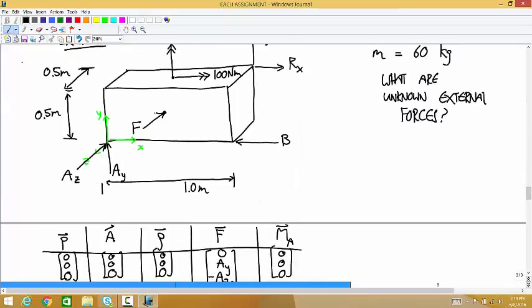Let's do the weight force next. What's the location where the weight is applied? It's at the center, so it's going to be 0.5 in x, 0.25 in y, and negative 0.25 z.